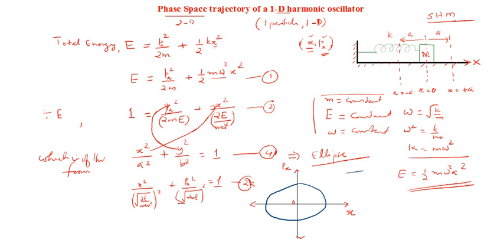So the graph is going to be an ellipse centered at the origin. Let me put an arrow here. This is what is known as the phase space trajectory of the one-dimensional oscillator. So our conclusion is that the phase space trajectory of a one-dimensional harmonic oscillator is an ellipse.